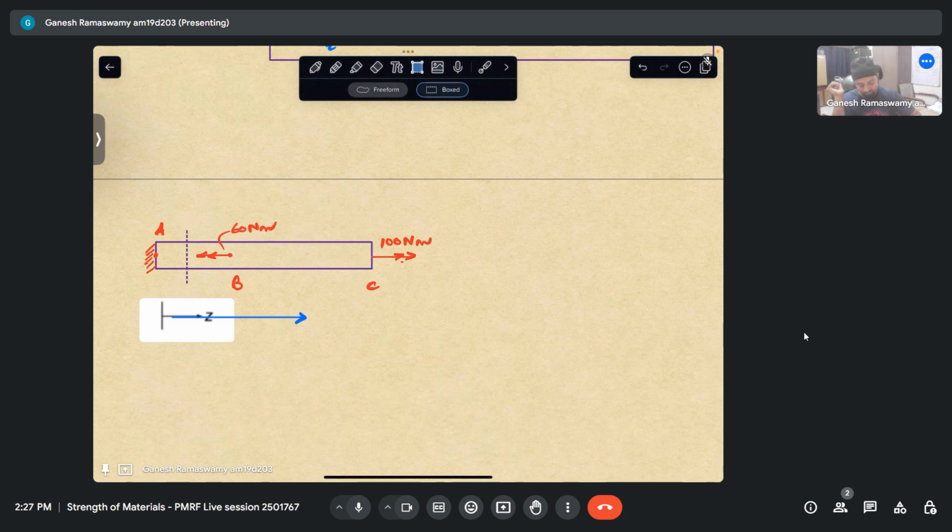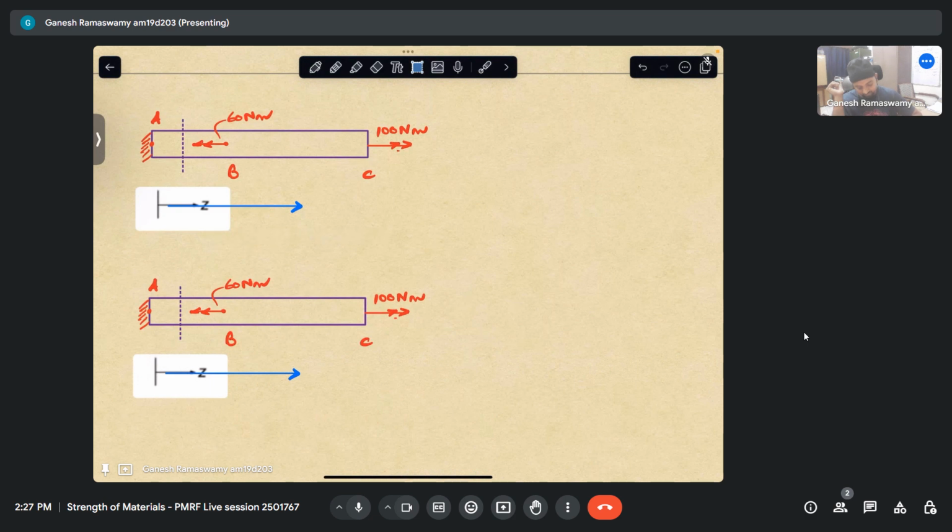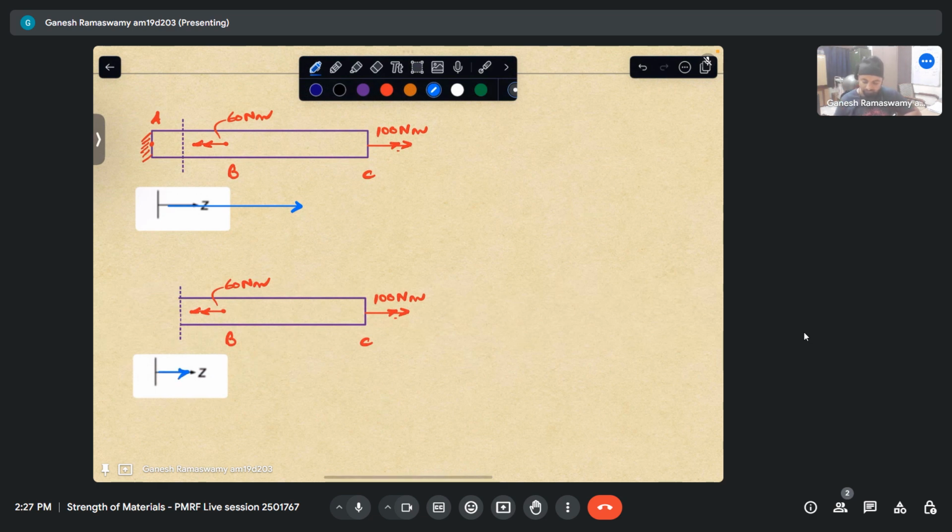So what do I get when I cut that section? I'll get everything except this, which is again at some z.